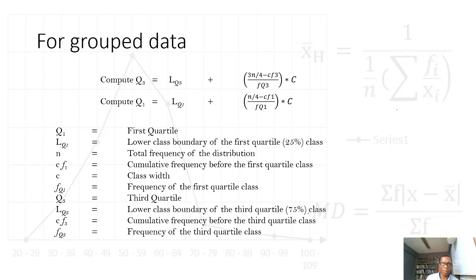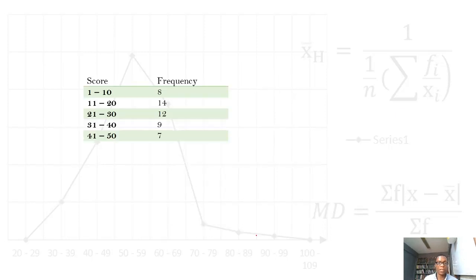And then N represents the total frequency of the distribution, while CF3 represents the cumulative frequency before the Q3 class, that is the class to which the quartile 3 point falls. And then the C here represents the class width, while the FQ3 represents the frequency of the third quartile class.